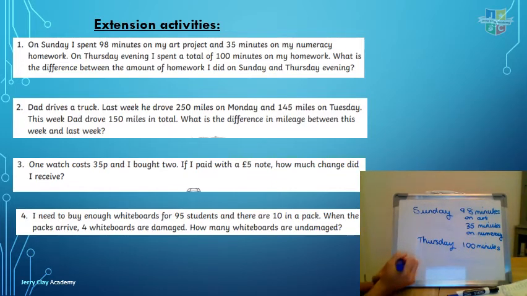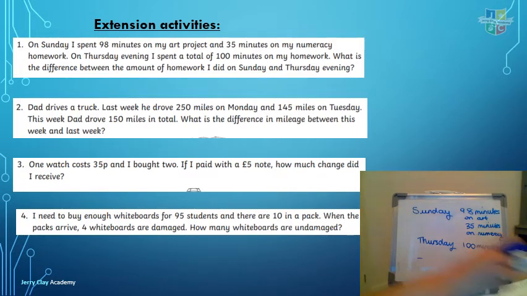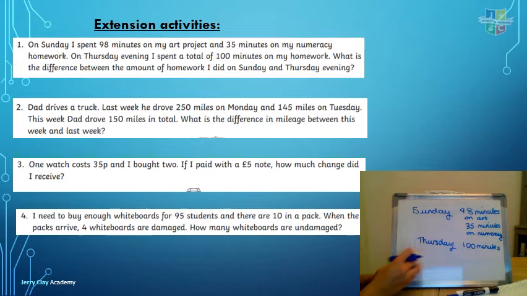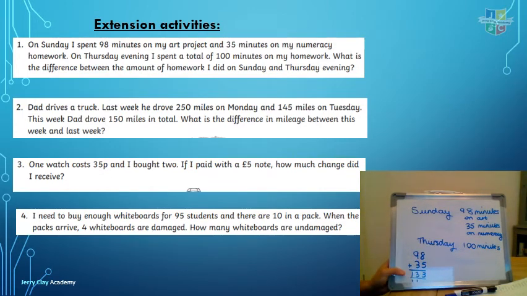So remember that word difference, we're going to be taking away if we see the word difference, because we want to know how many numbers are between the homework I did on Sunday and the homework I did on Thursday. Now the first thing we have to do, it's a 2-step problem. We first of all need to know how many minutes were spent on Sunday on homework. So we had 98, we had 35, so if we add those 2 numbers together, 8 add 5 is 13, so I write 3, but my 1 under my tens column in exchange. 9 add 3 is 12, add 1 is 13, so again exchanging into my hundreds column, so I've got 133.